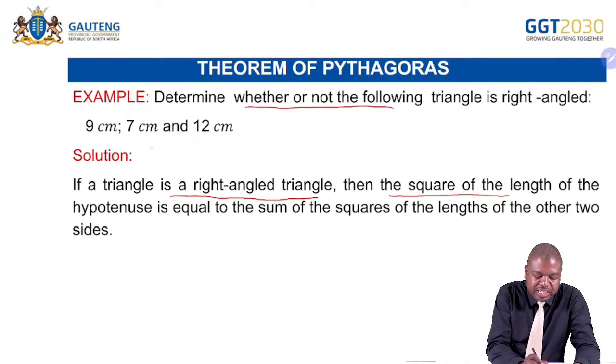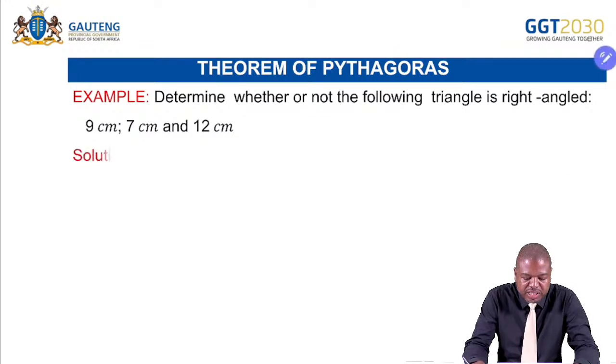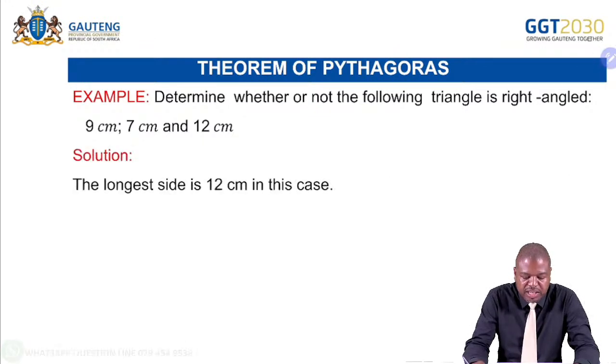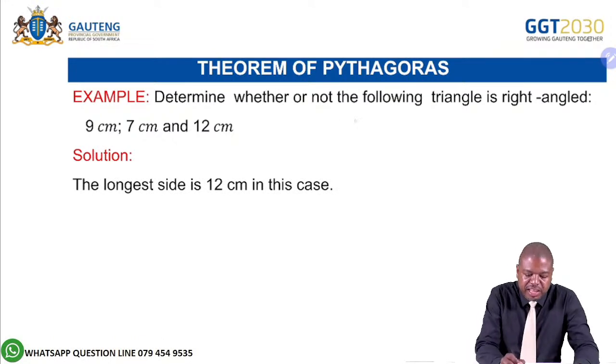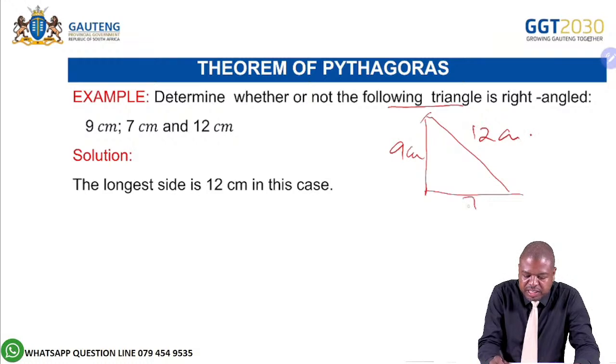Our longest side is what? The longest side is 12 centimeters. Let me draw a sketch: 9 centimeters, 12 centimeters, and 7 centimeters.